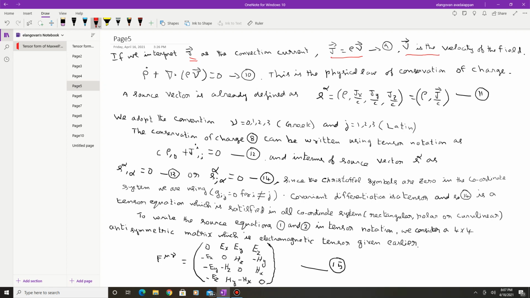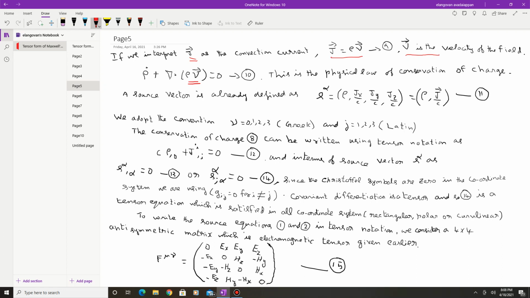So charge into V will be the current per unit volume. So J is equal to rho V. Now substitute here: rho dot plus divergence of rho V is equal to 0.